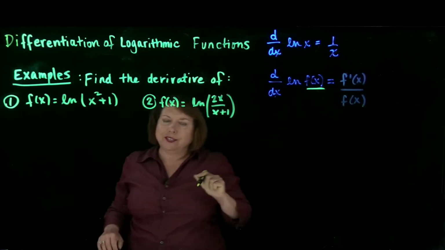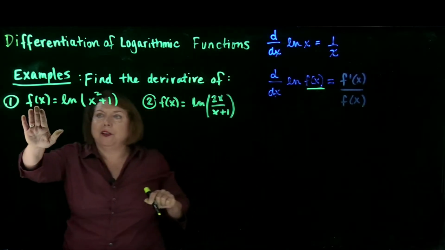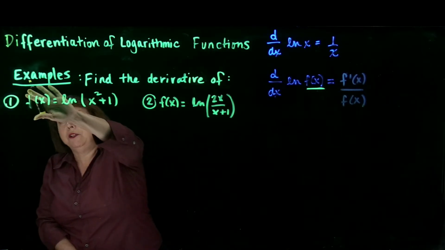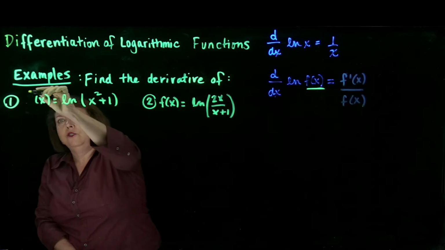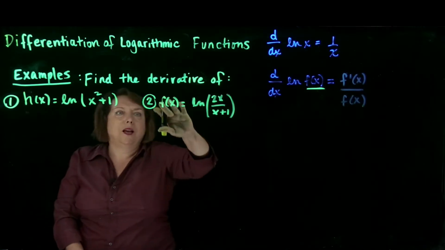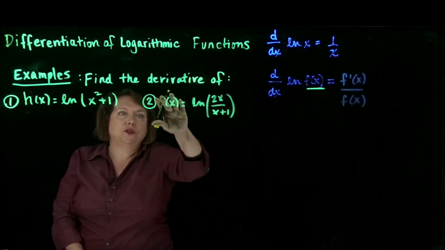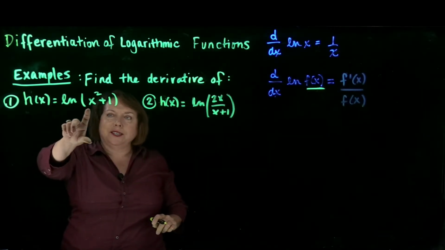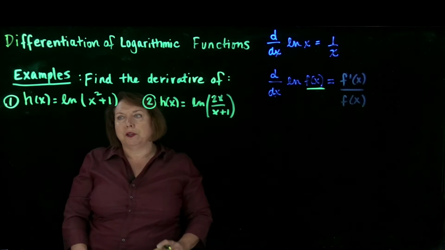Let's do a couple of examples. So we have here, and I'm sorry for the duplicate name, let's call it h of x, just to help us not to be confused. All right. So h of x in this first example is natural log of x squared plus 1.